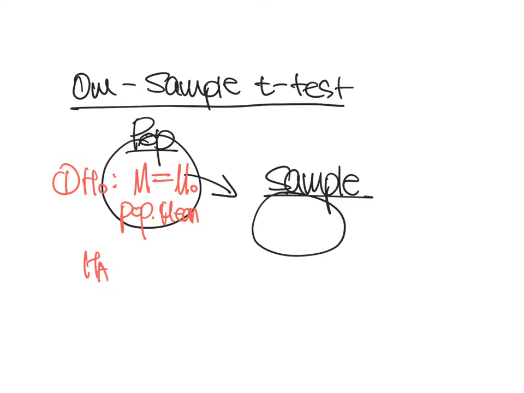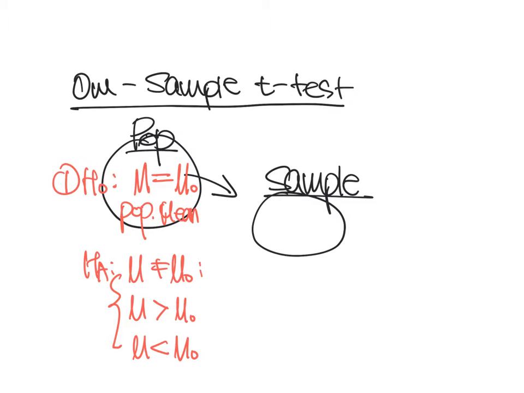HA has 3 statements. The unknown population mean, mu, is not equal to the value. We call this one two-sided. It might be bigger. It might be less. So we can choose one of the inequalities in the alternative hypothesis. The first one is two-sided.